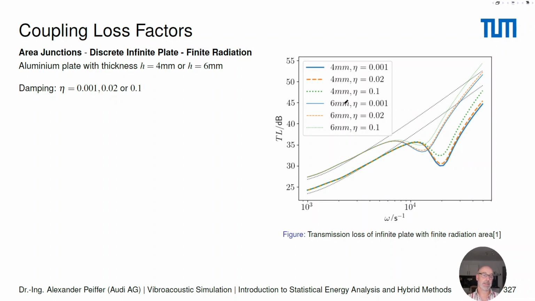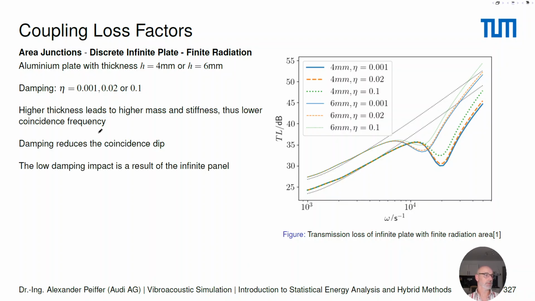If the plate is getting thicker, the coincidence in the transmission loss moves to lower frequency, becoming more dangerous. And again, the damping helps. Just for information, the small lines are again just using only a mass matrix. You see why you should always use a finite solution to get the best performance of an isolating plate.